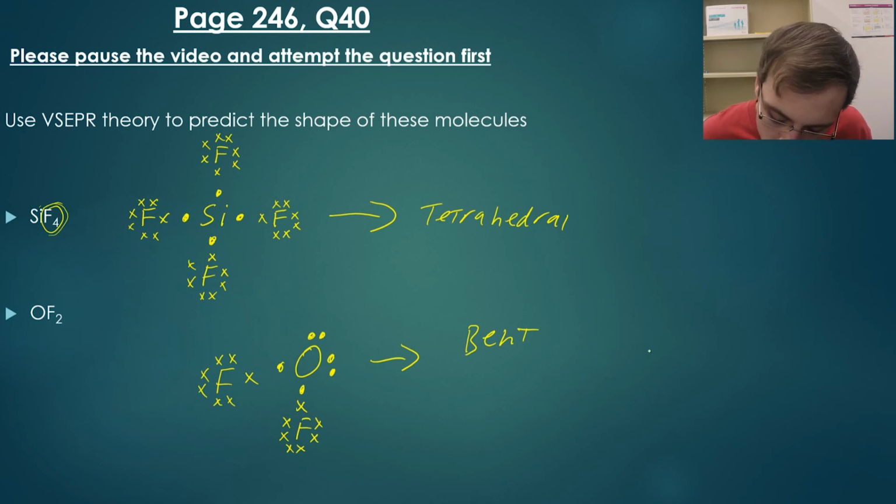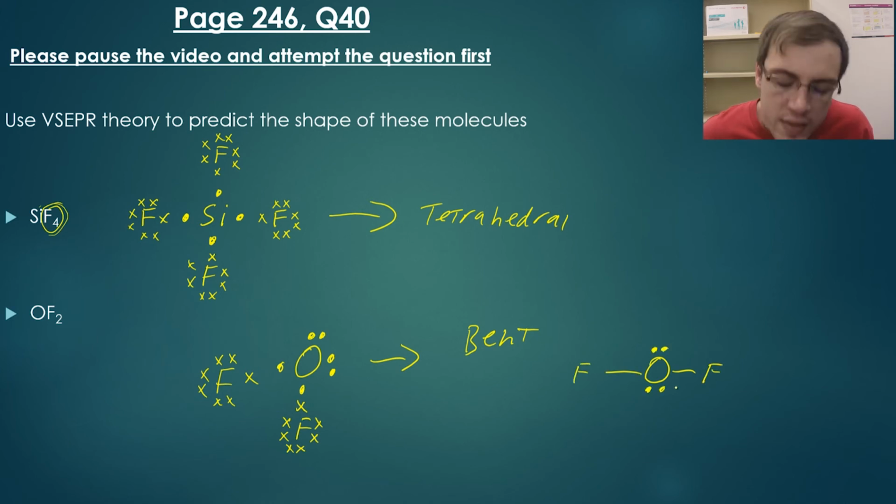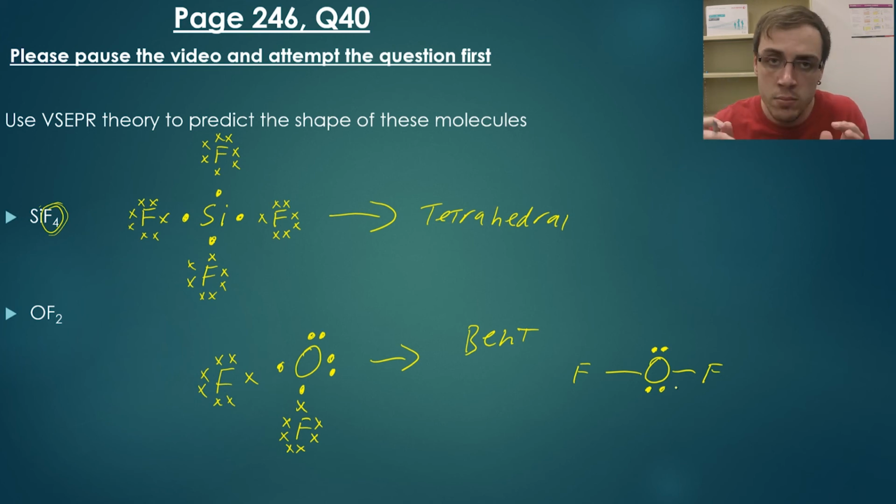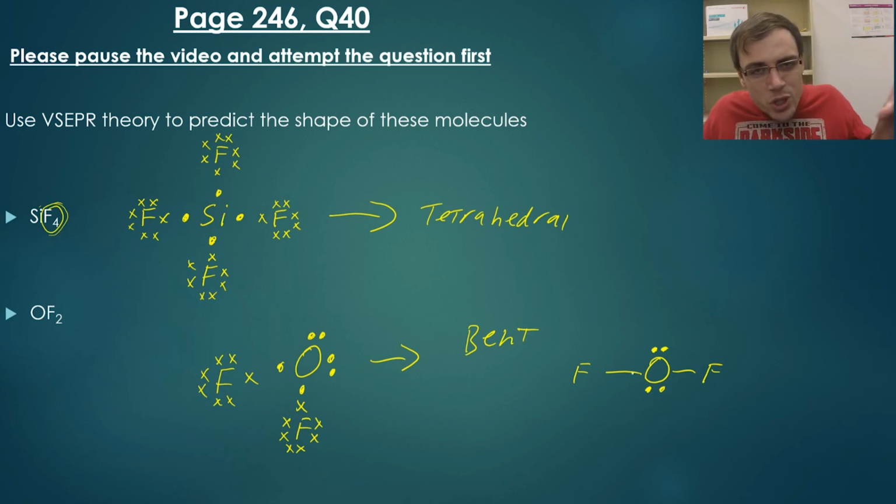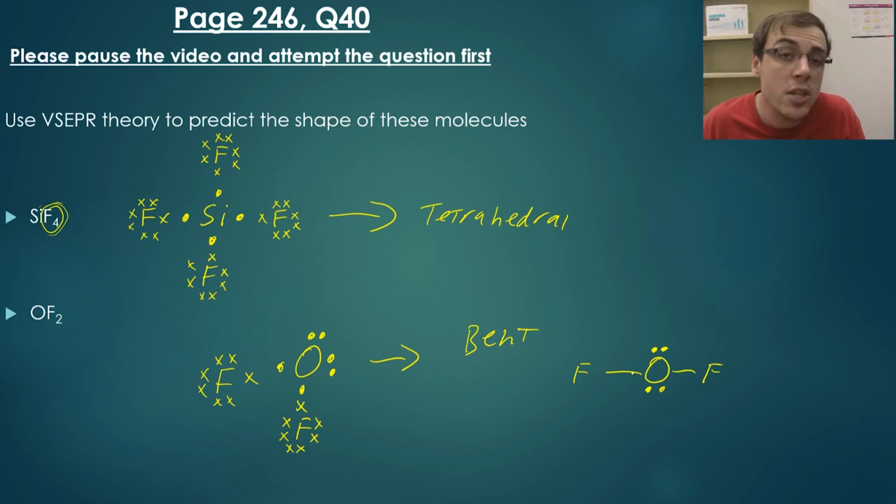Now, a lot of students do fall into the trap. Instead, they will draw this. And they'll say, but look at this, all of them have their outer shell filled, they're all connected, it's all good. But the thing is that they haven't looked into the outer valence electrons. They haven't looked into the lone pairs. And this is so important, because what is VSEPR? What's causing these electrons to repel, to push each other away? Electrons.